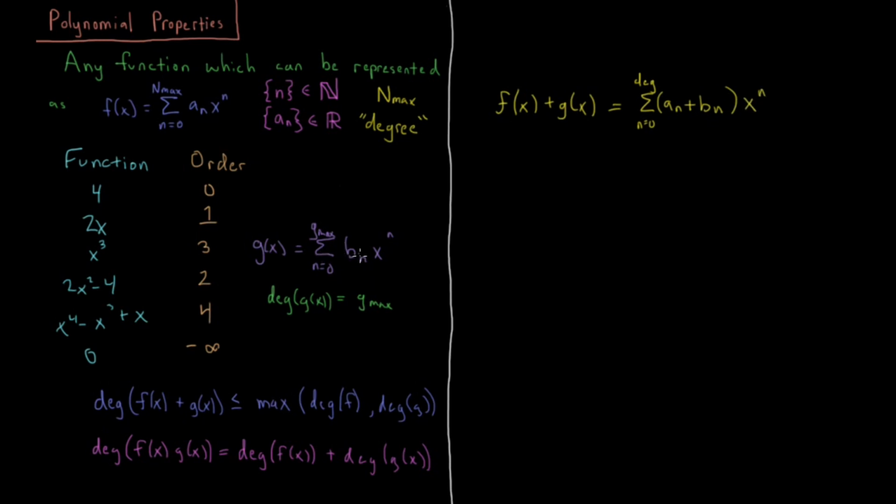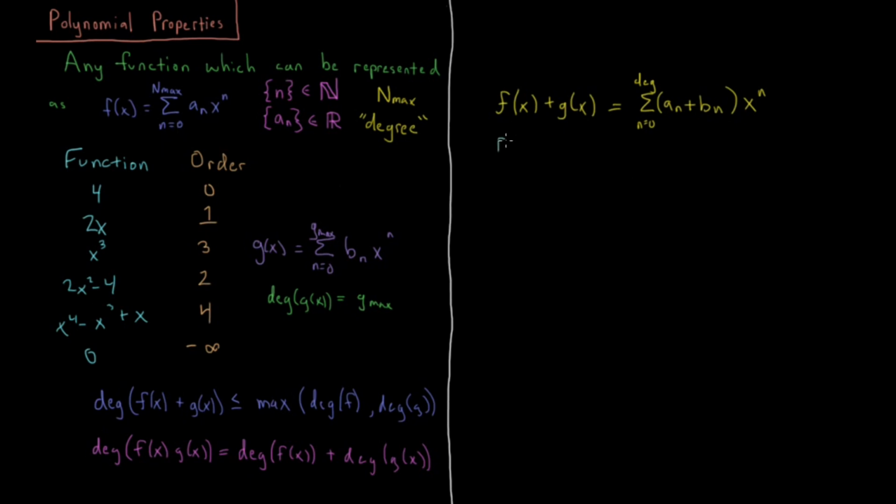So we're just summing the coefficients here. So if we want x cubed plus 2x, that's just x cubed plus 2x. If we want x to the fourth minus x cubed plus x cubed, these terms cancel, so that's going to be x to the fourth plus x. So that's how it's going to work for summing.